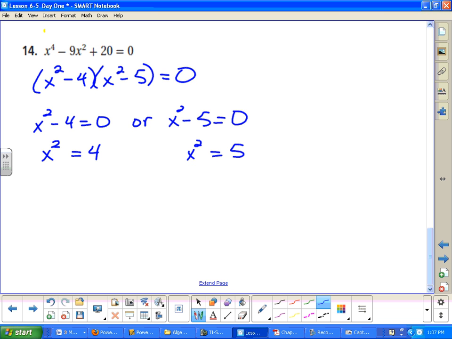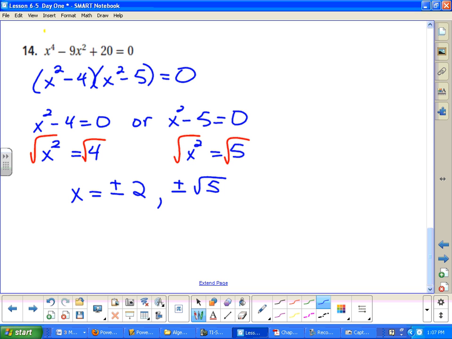Okay, take the square root of both sides. And just remember that when you do square root, you get plus or minus. So x equals plus or minus 2 for this one, and plus or minus the square root of 5 for that one.